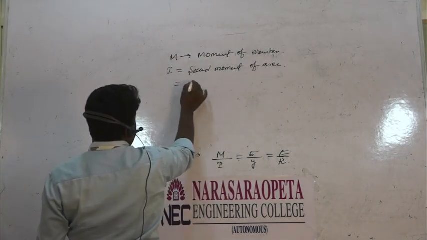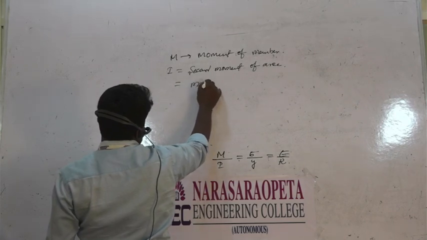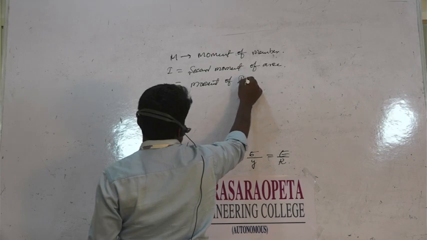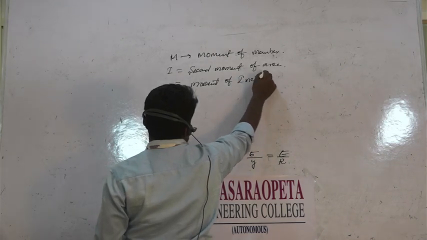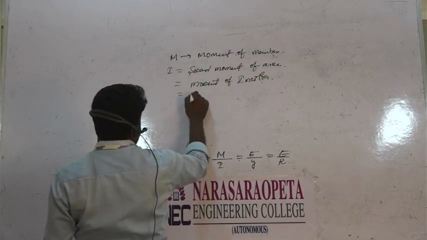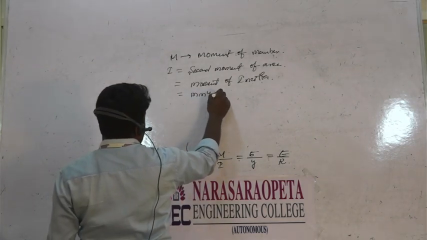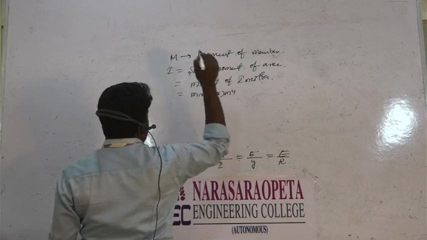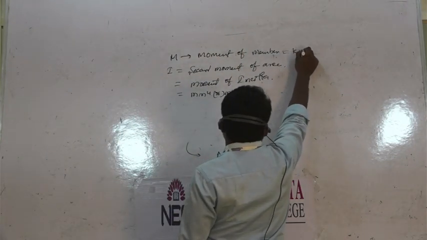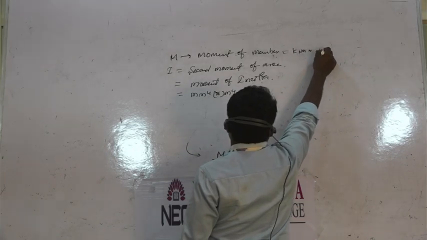Second moment of area is nothing but moment of inertia. Moment of inertia is represented in SI units, mm to the power 4 or meter to the power 4. Moment is represented in kilonewton meter or Newton mm.